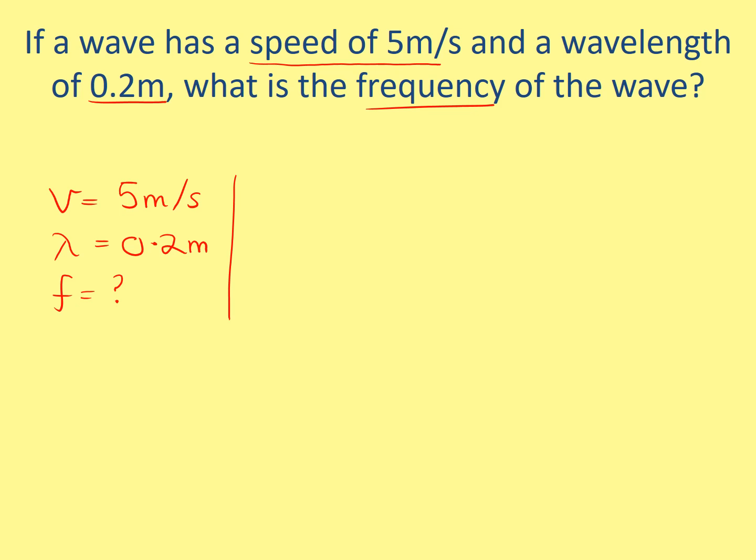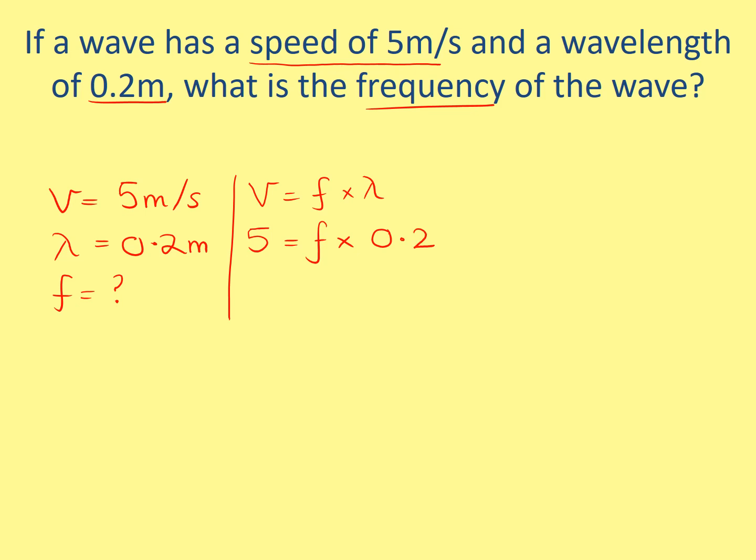So we still use the same equation. Wave speed is equal to frequency times wavelength. And we put in the numbers that we know. So wave speed in this case is 5. We don't know the frequency, but we do know the wavelength.